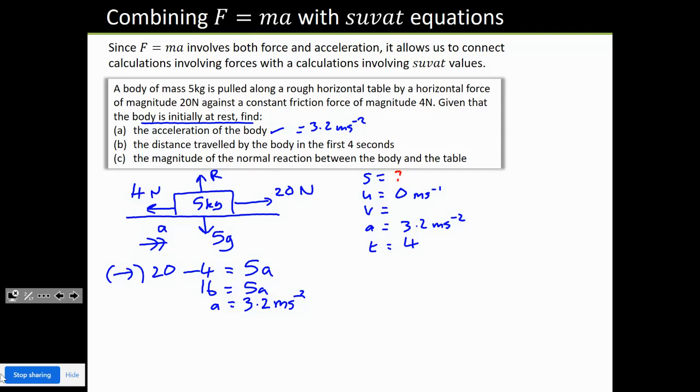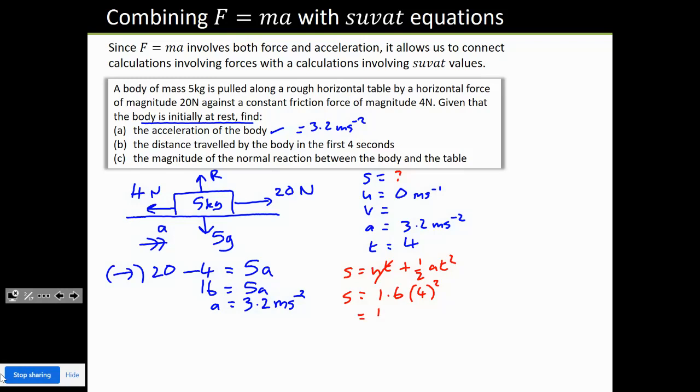So we're going to use the SUVAT equation s equals ut plus half at squared. So our displacement is going to be ut, well, u is 0, so that's just 0, and half at squared. Half of 3.2 is 1.6, and then t squared is 4 squared.